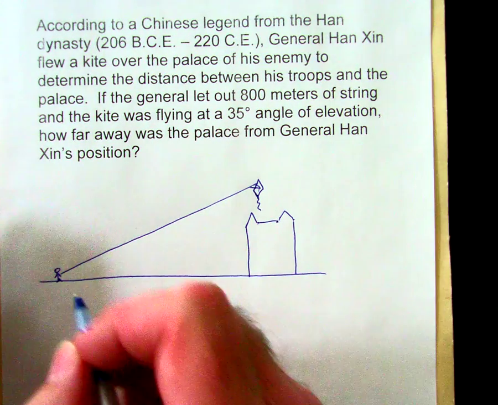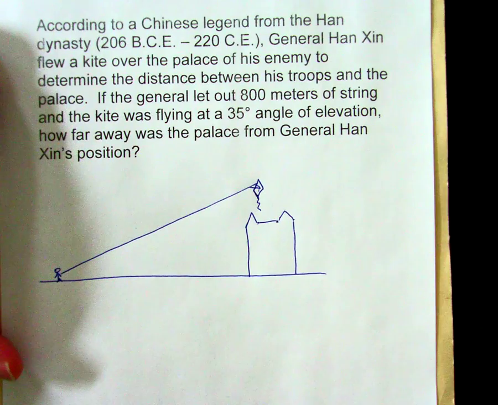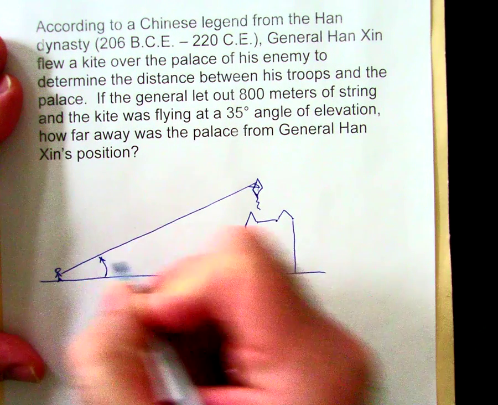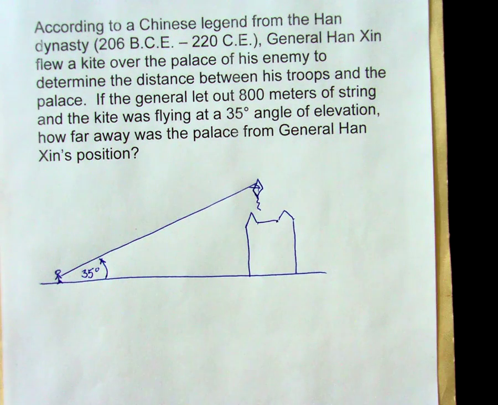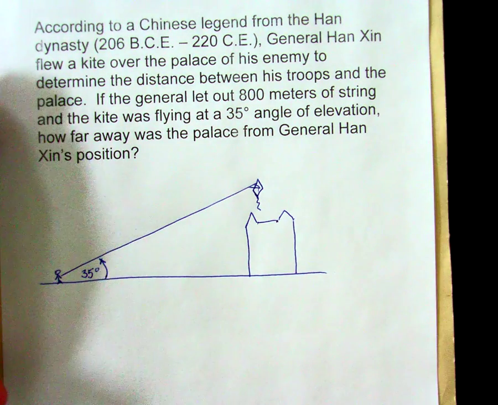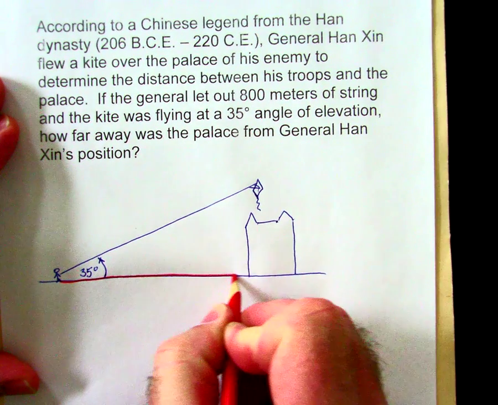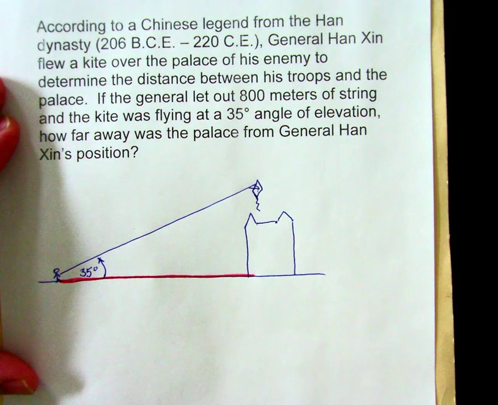And we know that the angle of elevation, so an angle that goes upward from a horizontal, is 35 degrees. Now, the general wants to know how far from the palace he and his troops are, so we want to know the length of this segment that I've highlighted in red there.